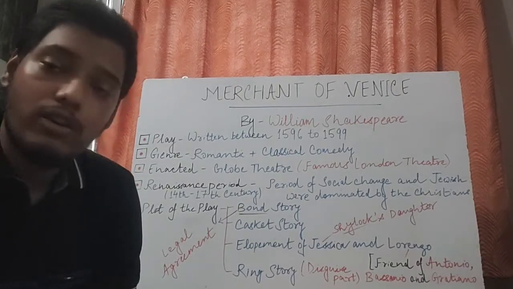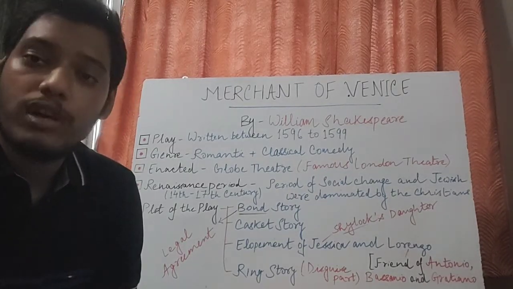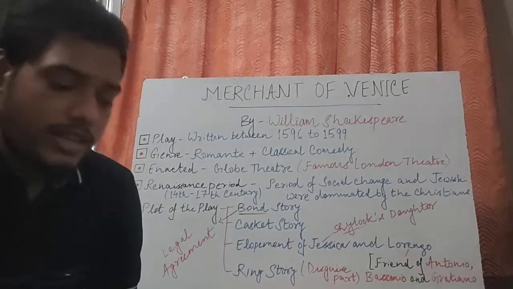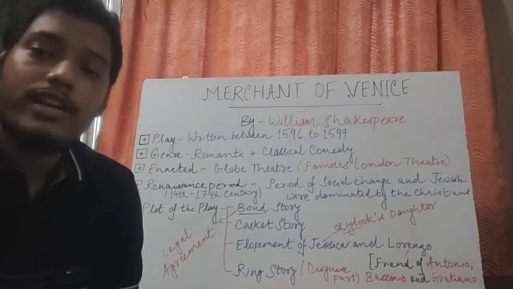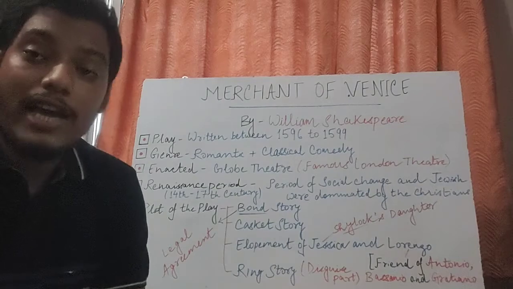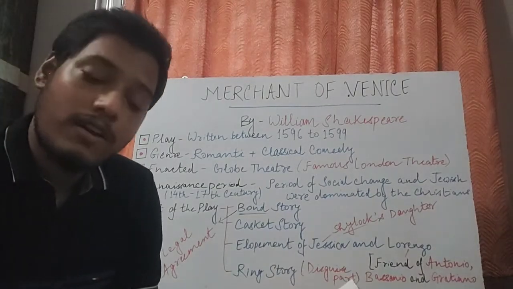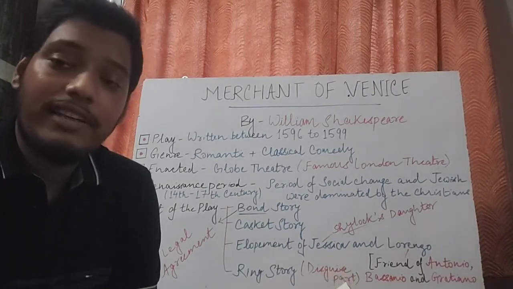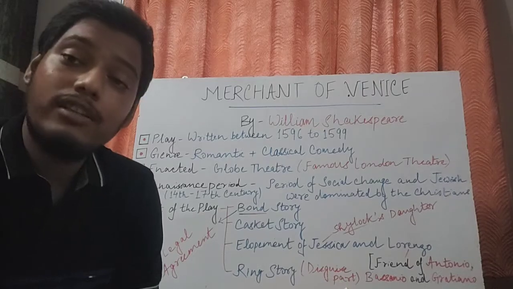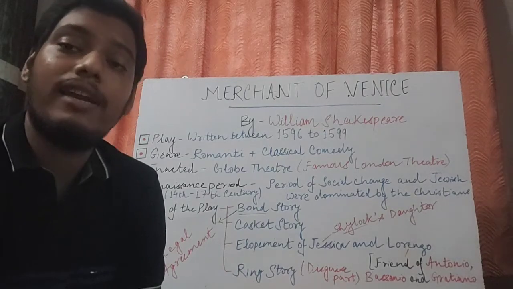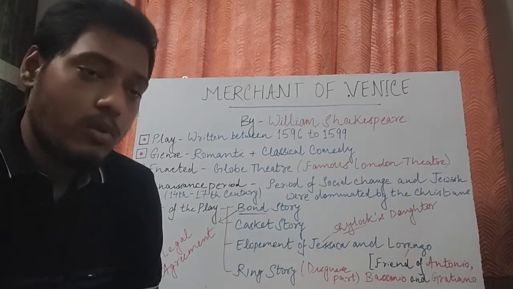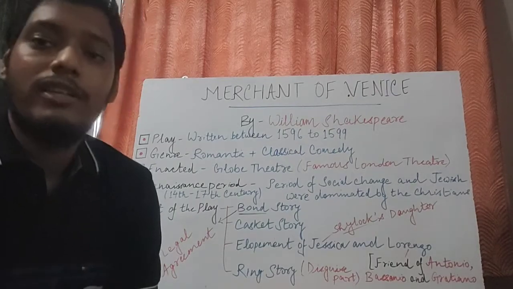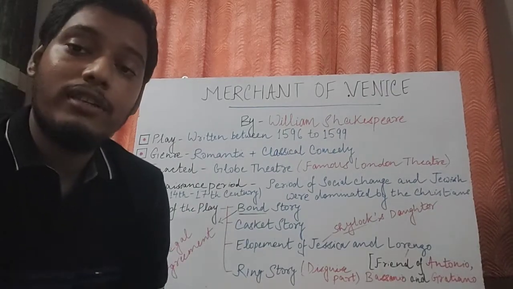Next is Launcelot. He is a servant who serves Bassanio. Salarino, Salanio, they are all friends of Antonio. Shylock, a rich Jew and a money lender. Shylock is another main character in the play, and with the role of Shylock, there is a turning point in the play.